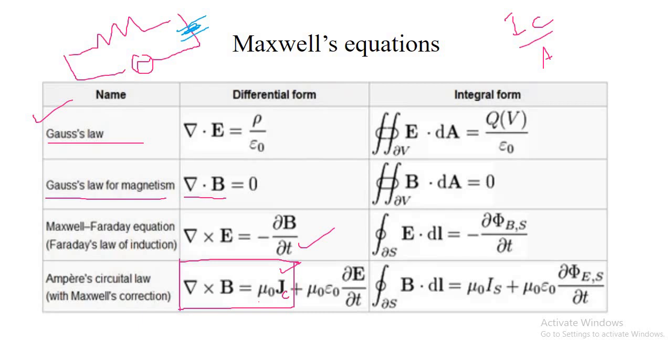But within the blue region, we need to know about ID or JD. This is represented by this particular term. Maxwell added this part, which explains the time-dependent electric field, the current due to displacement.